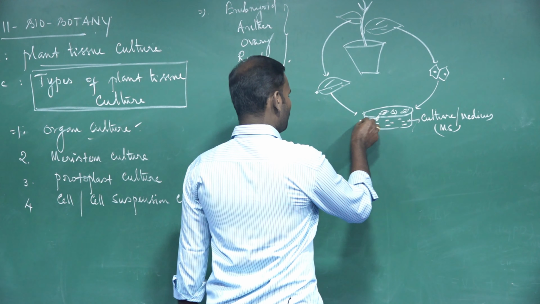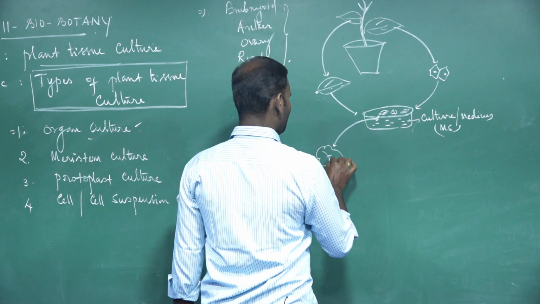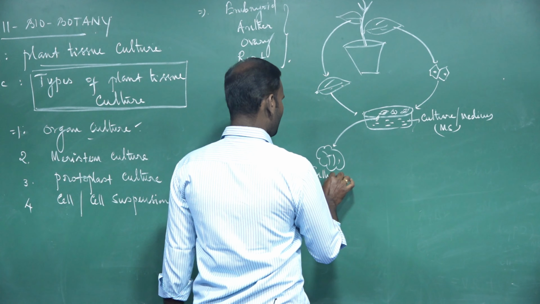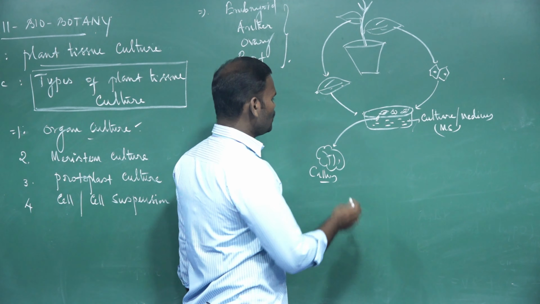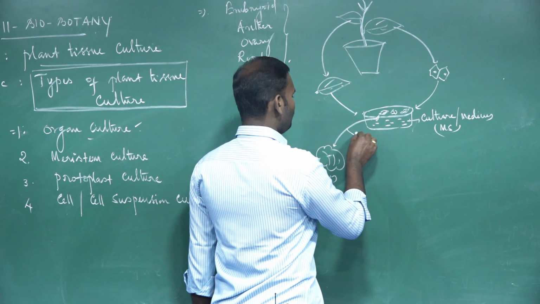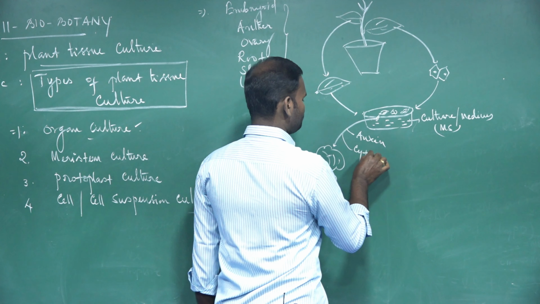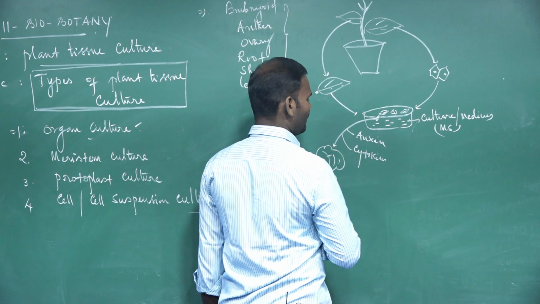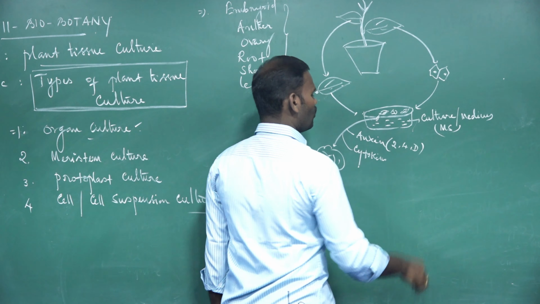As a result, these explants are induced to form callus. You know that callus is nothing but an unorganized mass of undifferentiated tissues or cells. How to induce callus? The explant, leaf or root or embryoids, under the influence of auxin and cytokinin. These are the two plant growth regulators, especially 2,4-dichlorophenoxyacetic acid, that is used to induce cell division in the explants.